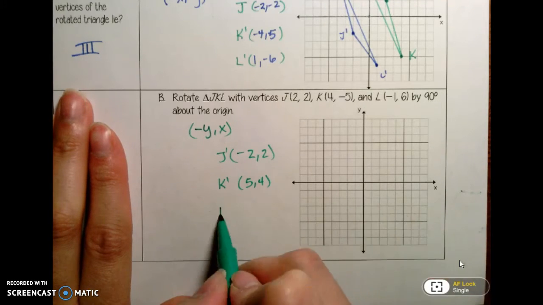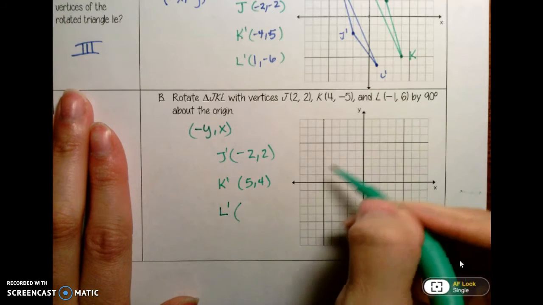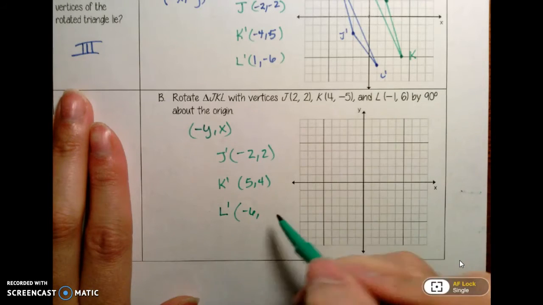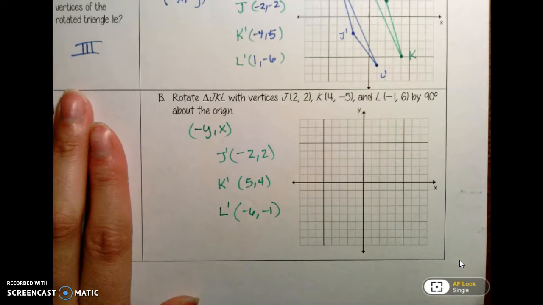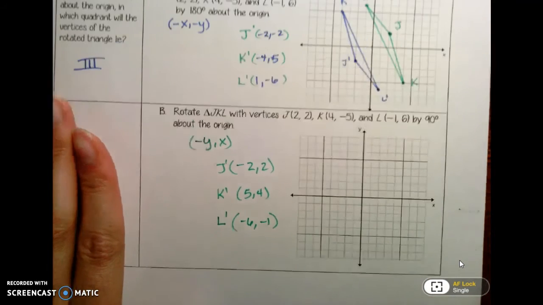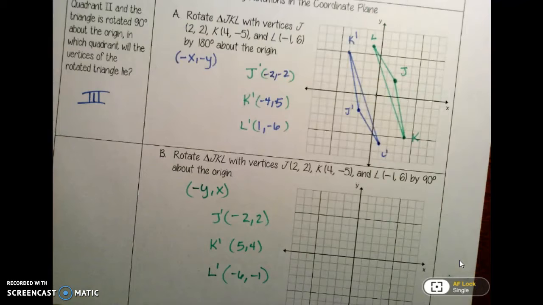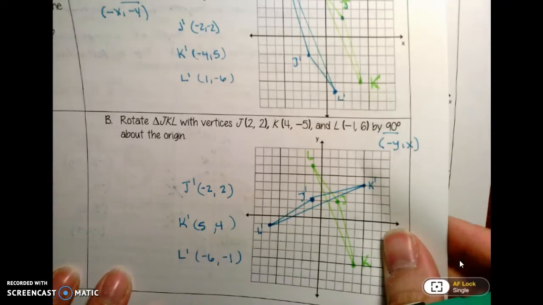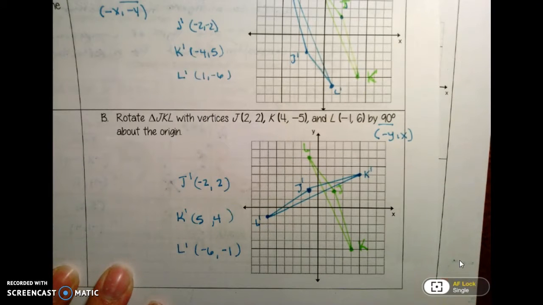And then for L, we would make our 6 negative and then keep our -1 and just move it into the y position. So go ahead and plot those and take a look. And this is what it should look like when you rotate your green triangle 90 degrees.